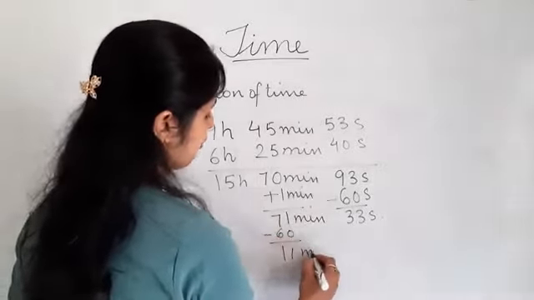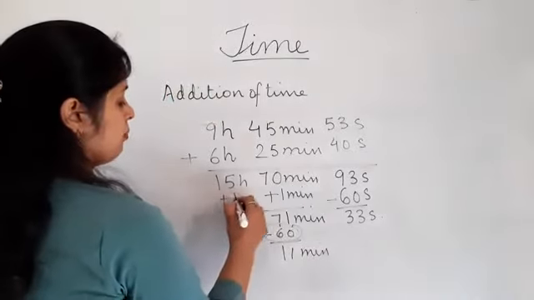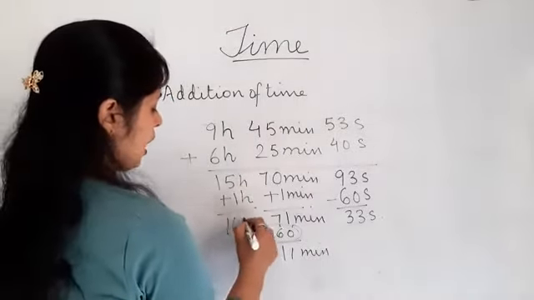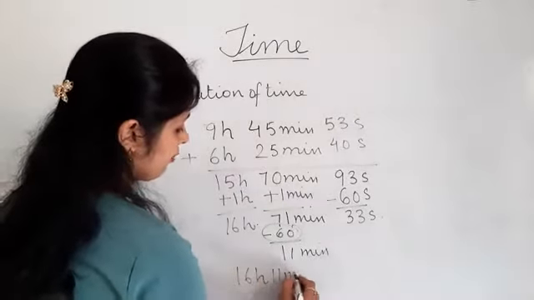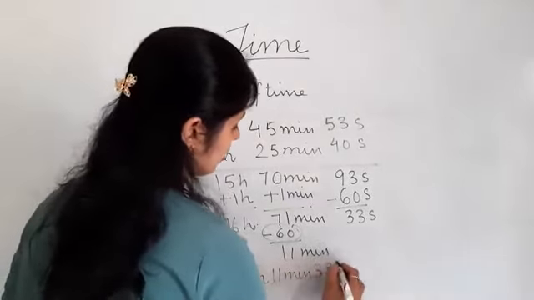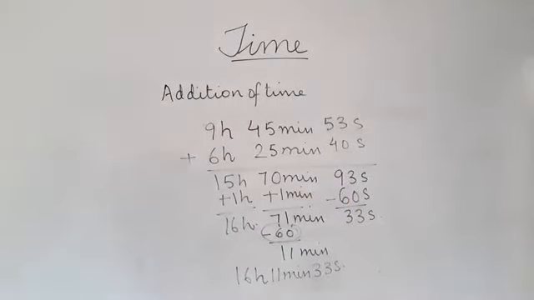It will become 11 minutes. This 60 when added to the hour side will become 1 hour, so it is 16 hours. So our final answer is 16 hours 11 minutes 33 seconds. I hope you understand the addition.